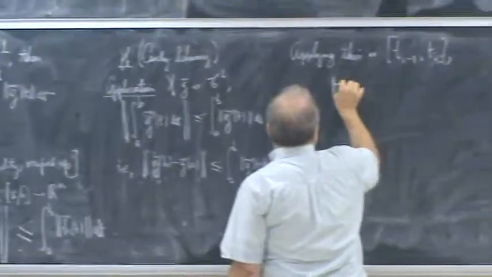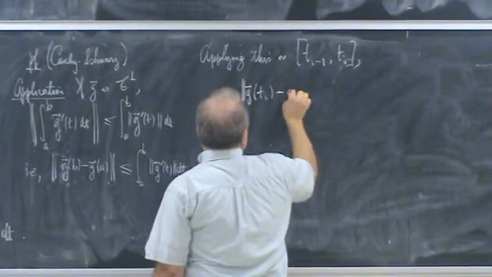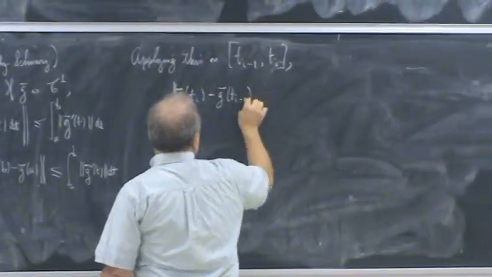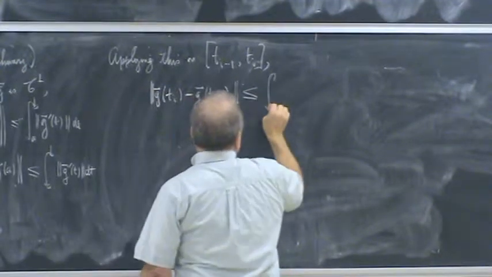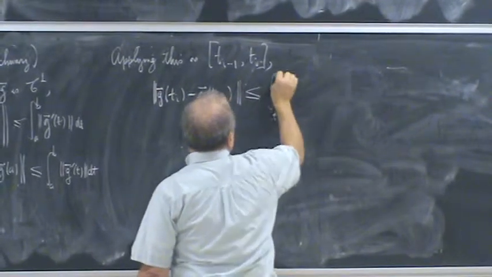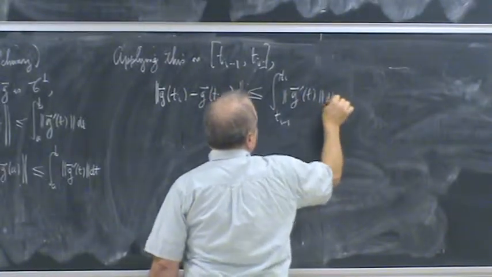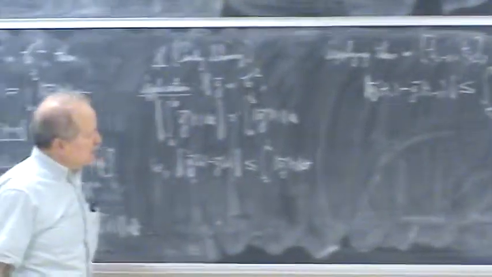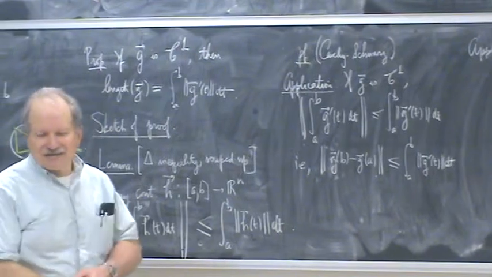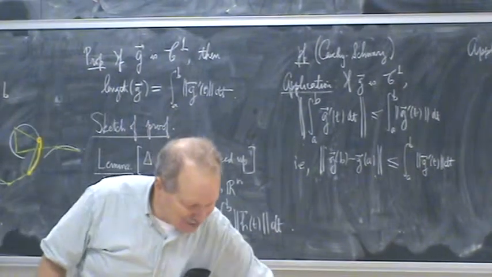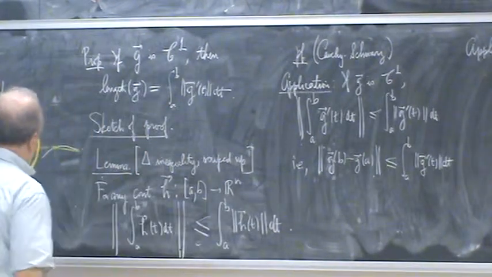So the magnitude of g(t_i) minus g(t_{i-1}) is less than or equal to the integral of the speed. That's true on every piece.